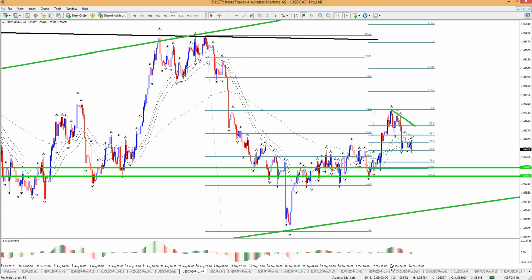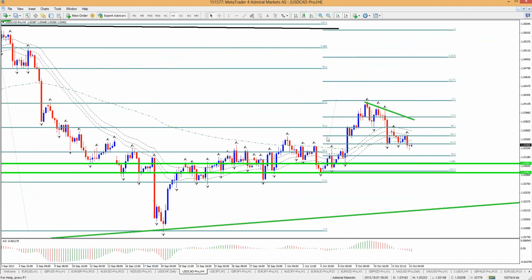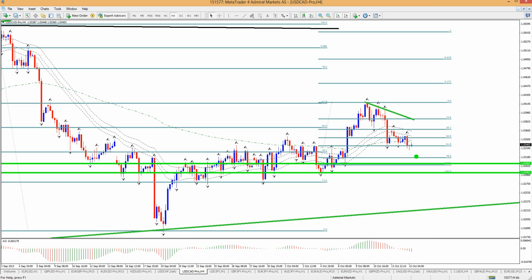So if you're a swing trader, you're not looking at swing trades, but if you are, it could make sense to maybe even put a buy order right at the 786 fib with a stop loss below the low here. And target this minus 272. Right? That definitely would make sense considering that aspect.